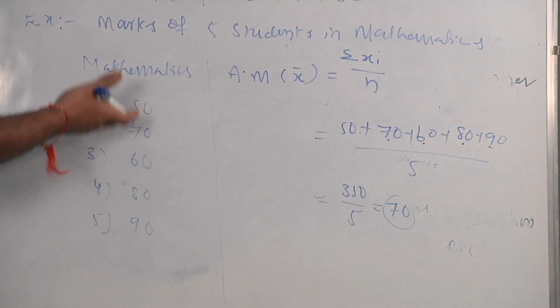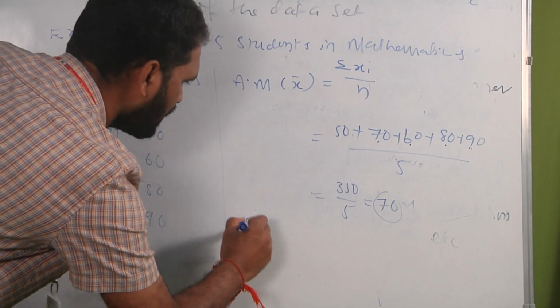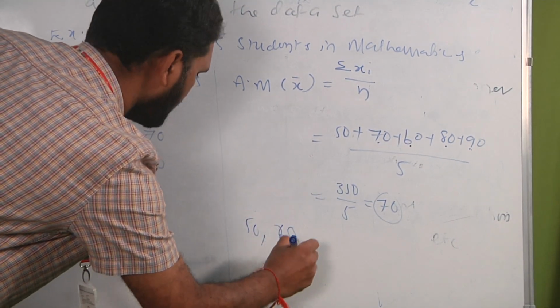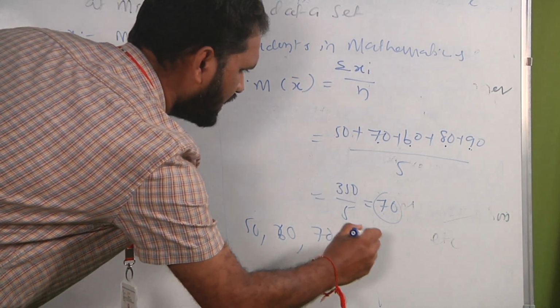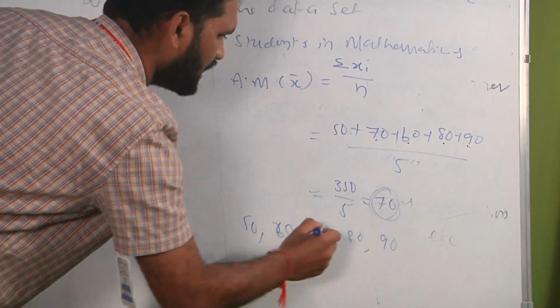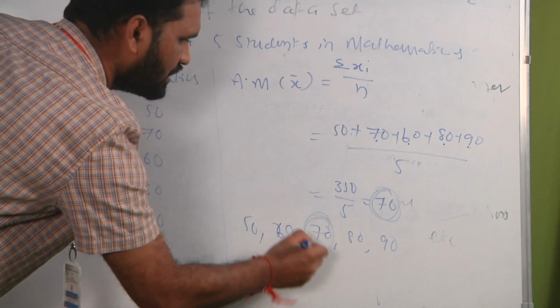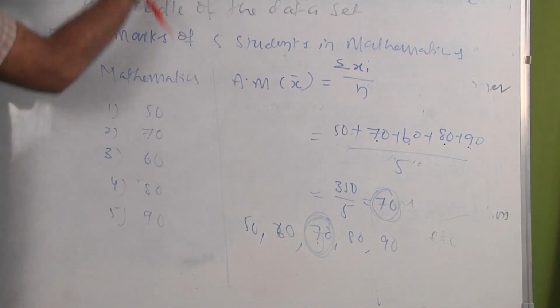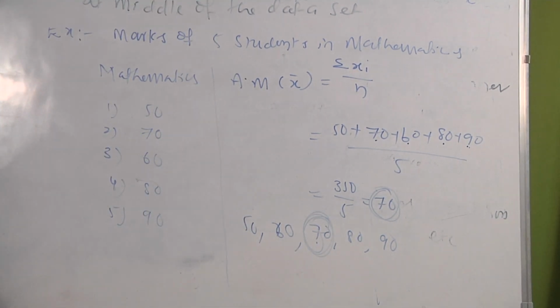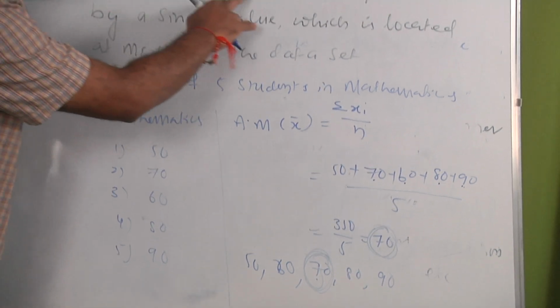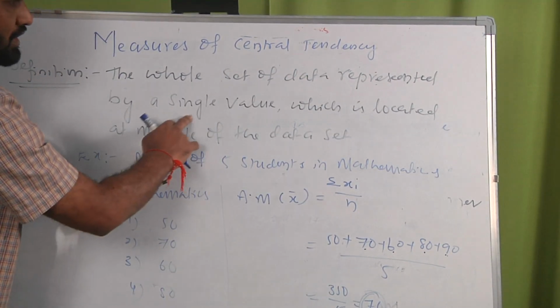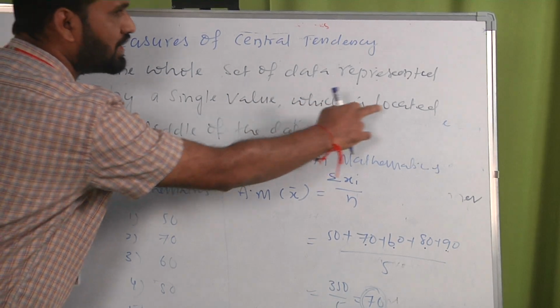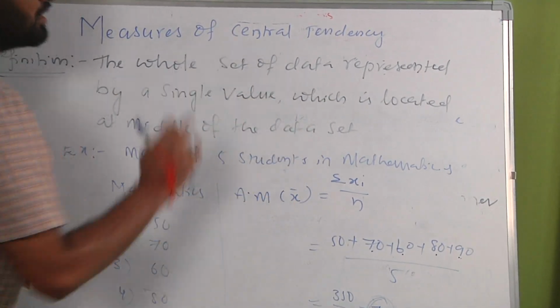Now arrange in ascending order. We get 50, 60, 70, 80, 90. This 70 is located here. So this is called arithmetic mean, also called a measure of central tendency. The whole set of data is represented by a single value, which is located at the middle of the data.